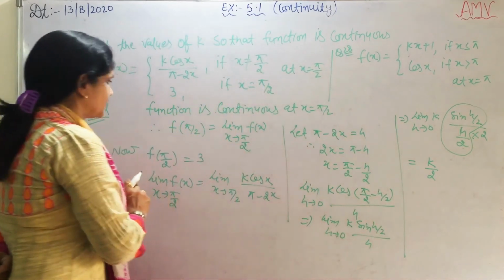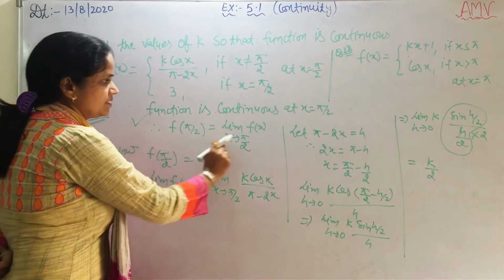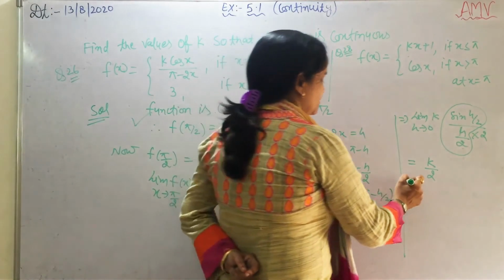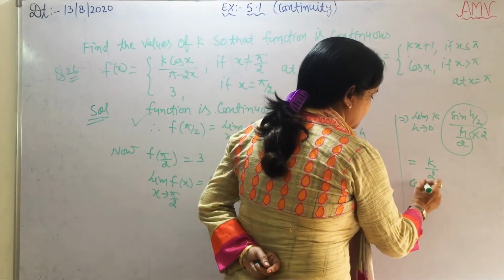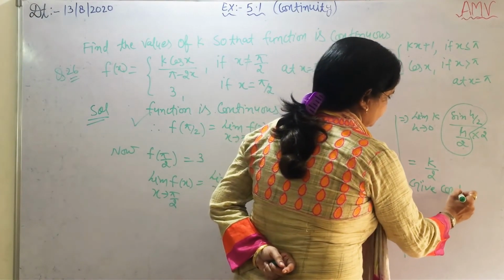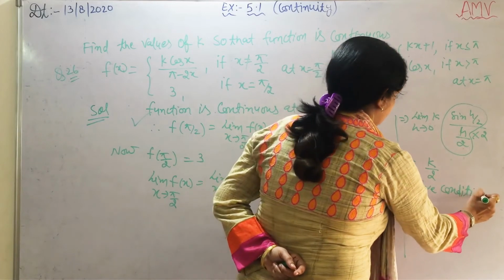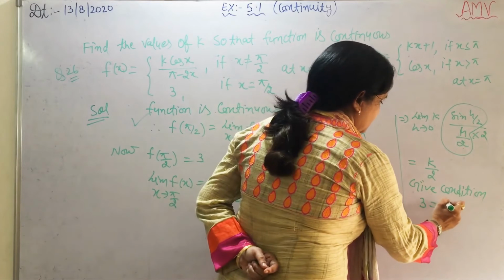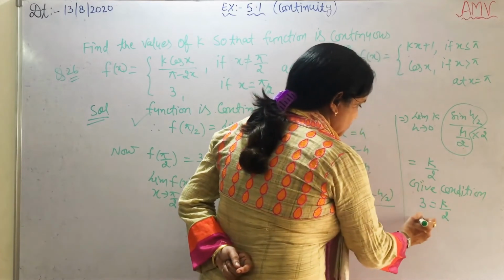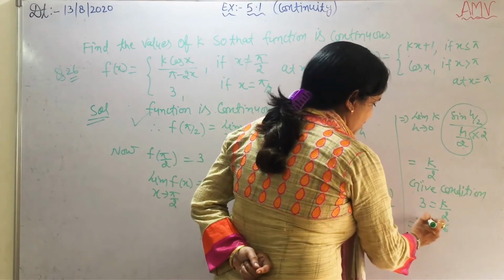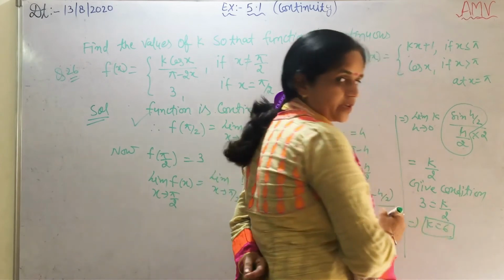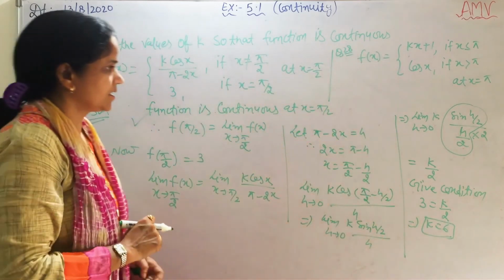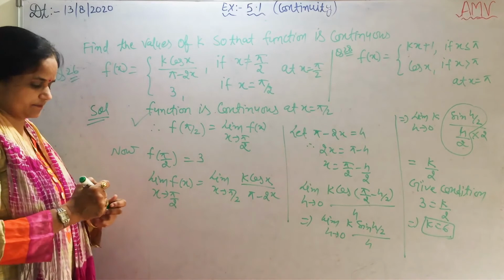And now apply the condition that the function is continuous. So applying the given condition, the value of the function 3 is equal to k by 2. So k is equal to 6. Okay, so the answer is k is equal to 6.